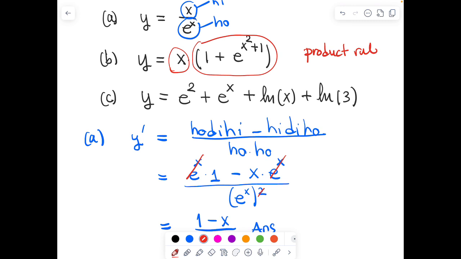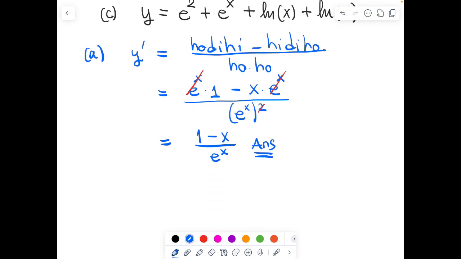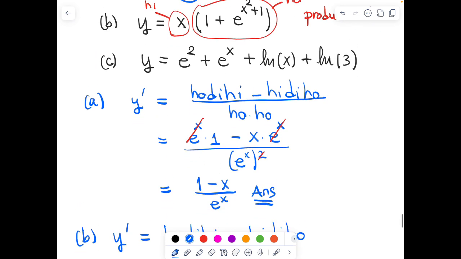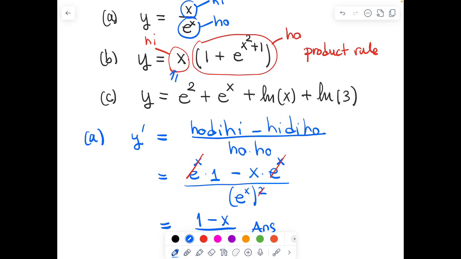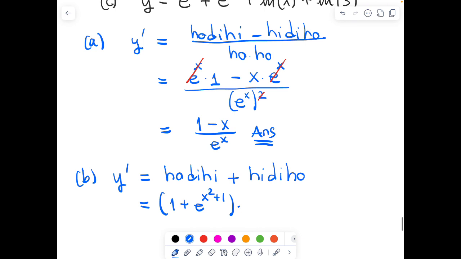So product rule says the first function is high. The function in the back, this whole thing, is the whole. Okay. So part B, y prime is equal to, we apply product rule again, start with whole dip high plus high dip whole. So whole is the whole function in the back, 1 plus e to the power of x squared plus 1. Differentiate high, so differentiate x, we get 1.